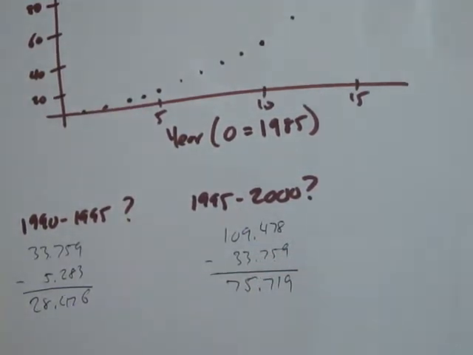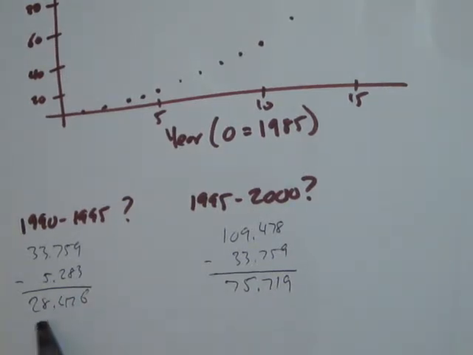So from 1990 to 95, it went up 28.4-ish million users. From 95 to 2000, it went up 75.7-ish million users.